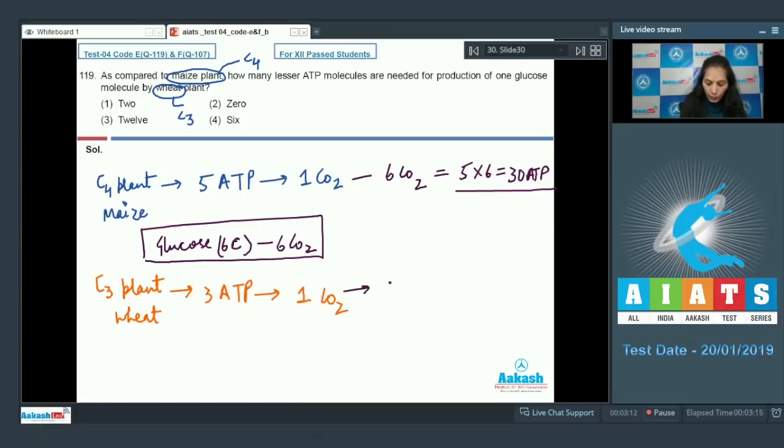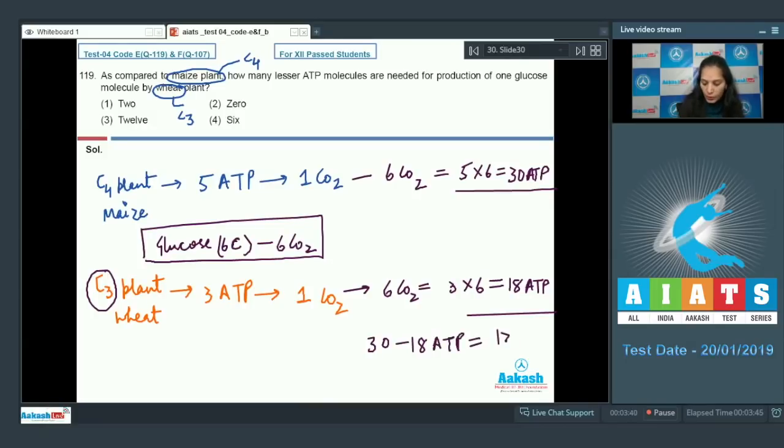And here, for 6 CO2 molecules, it should be 3 into 6, that is 18 ATP molecules. So how many lesser ATP molecules are required by a C3 plant? 30 minus 18 ATP, that is 12 ATP molecules. So the correct option for the given question is option number 3. Let's move on to the next question.